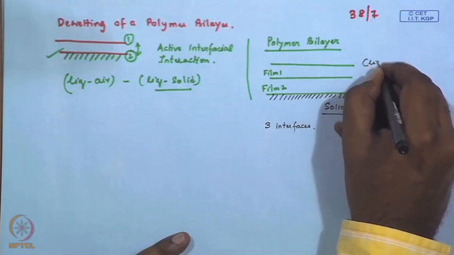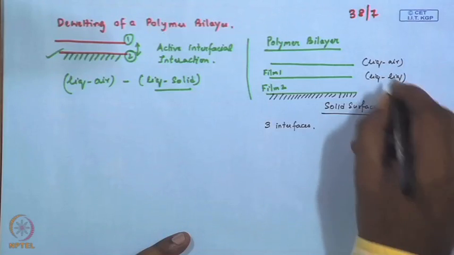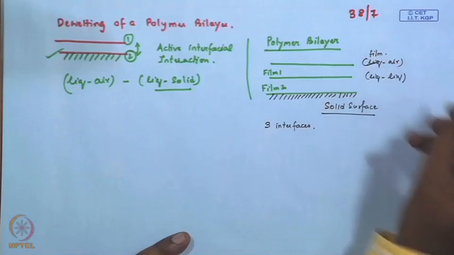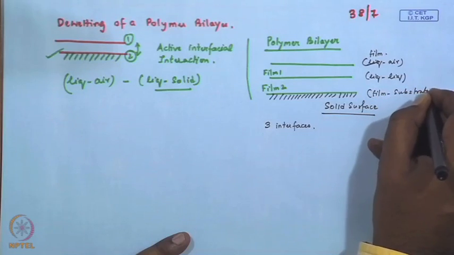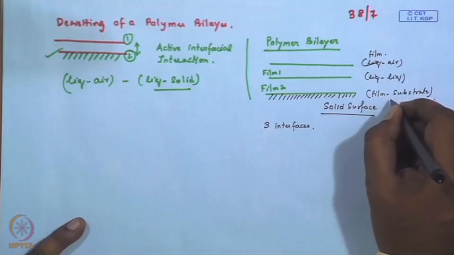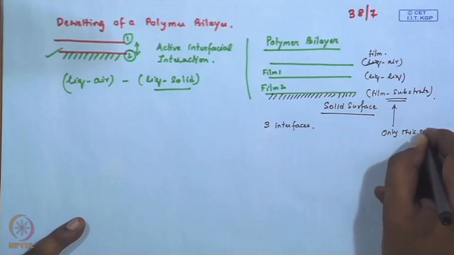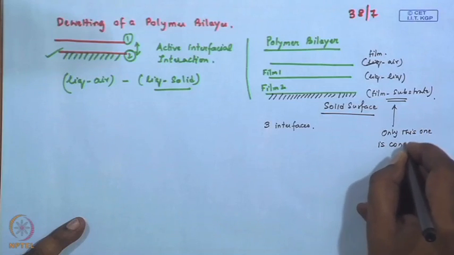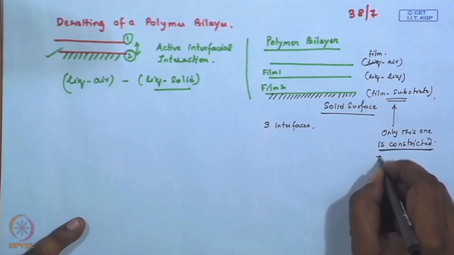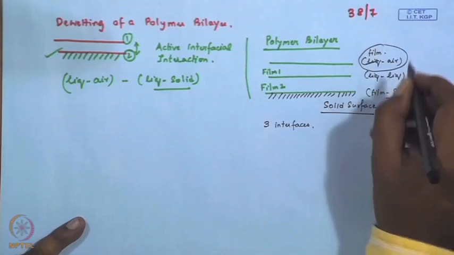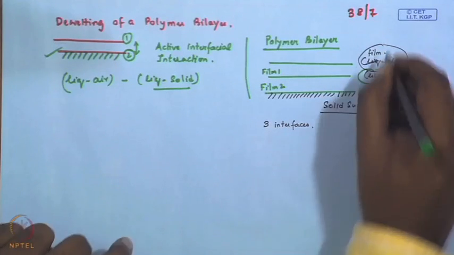One is a liquid air interface, liquid liquid interface, or film air interface, film film interface, and film substrate interface. Now, the interesting thing is that amongst these 3 interfaces, only this one is a rigid interface now. The other 2, both the liquid liquid and the liquid air interfaces are deformable interfaces.